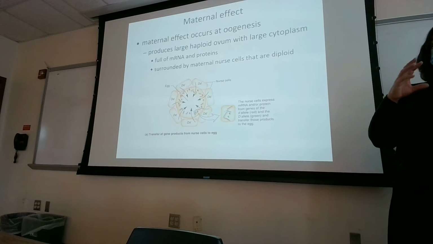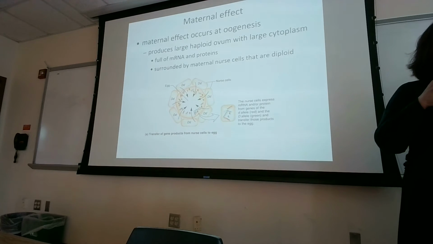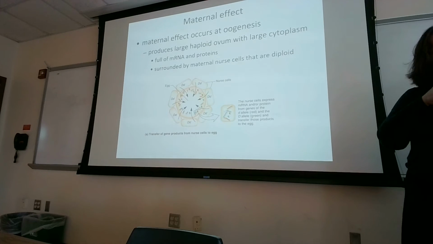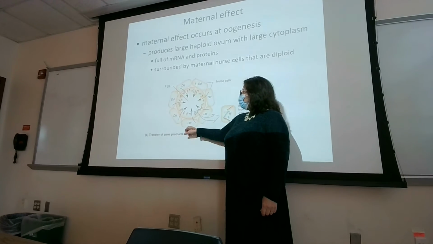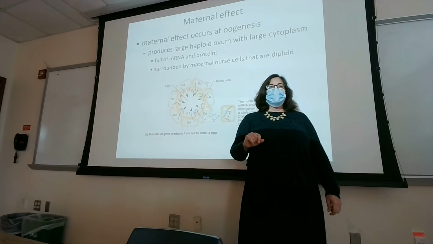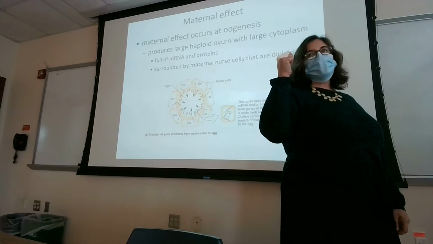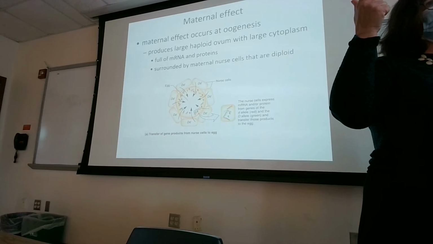These follicles have something called nurse cells inside them that line the egg. Those nurse cells are going to be producing lots of proteins. And if you're heterozygous, those nurse cells will produce big D proteins and little d proteins.